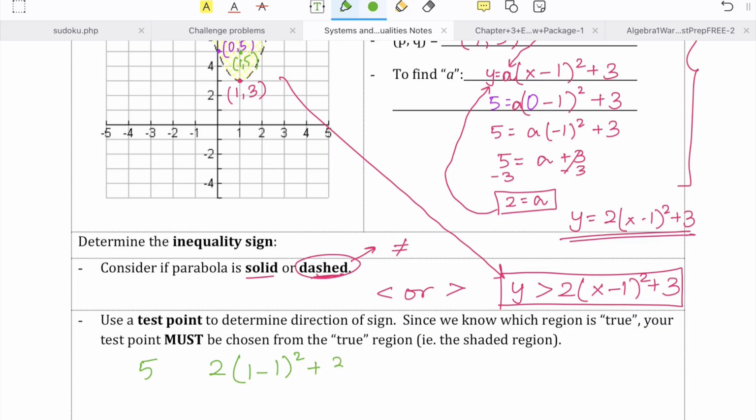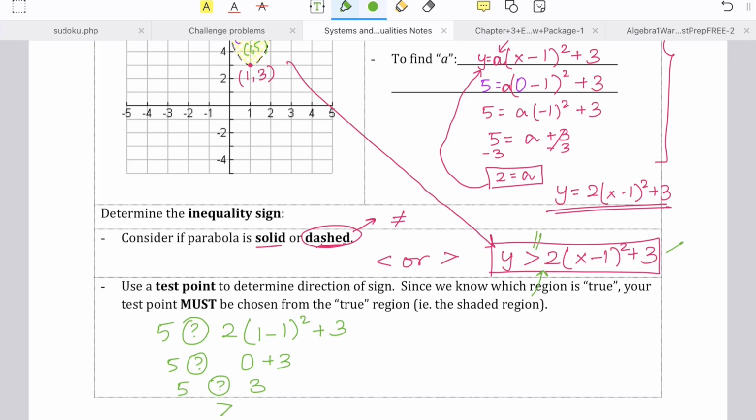I don't know what sign goes here yet because I still need to see if this part is true or not. So 1 minus 1 is 0. So 0 times 2 is 0, plus 3. Still don't know the sign. 5 is greater than 3 or less than 3? Greater than. Awesome. And that's what I had. That's the same sign I had. So it was correct. Okay? Makes sense?